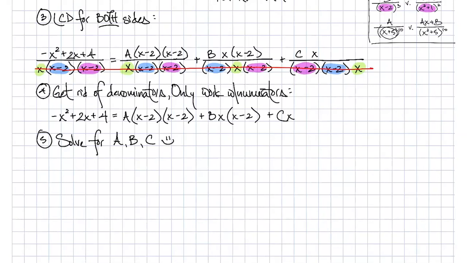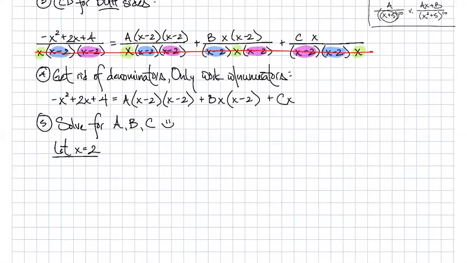All right. So we can solve for A, B, and C by being clever about how we choose our numbers, right? Maybe one good number to choose would be 2. I'm choosing 2 because that's going to make the blue and the purple factors equal 0, which is good because some things will go away, okay? Let's try that one. You have to plug in 2 on both sides of the equation. That's why I write the whole equation now.